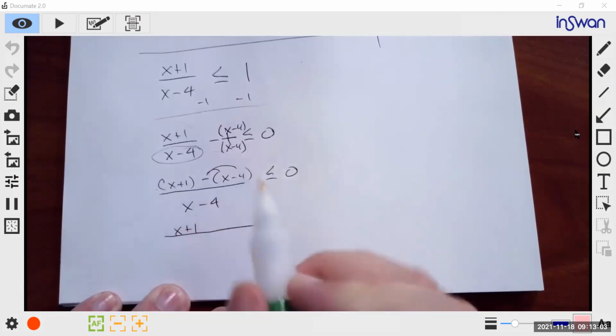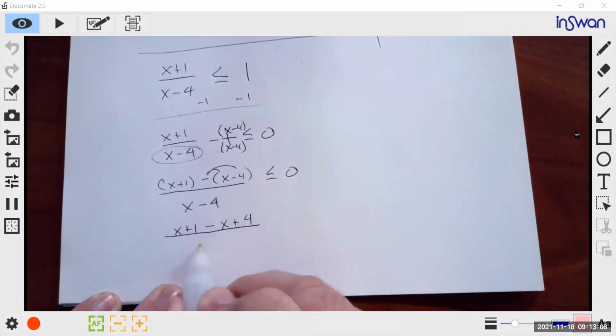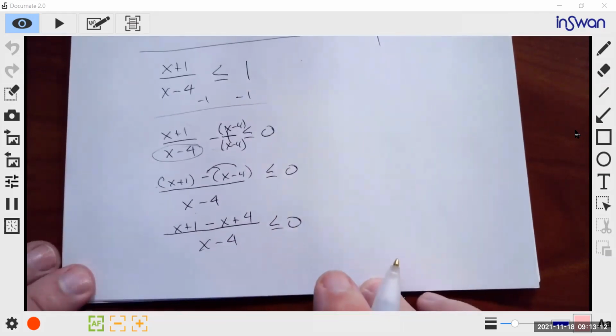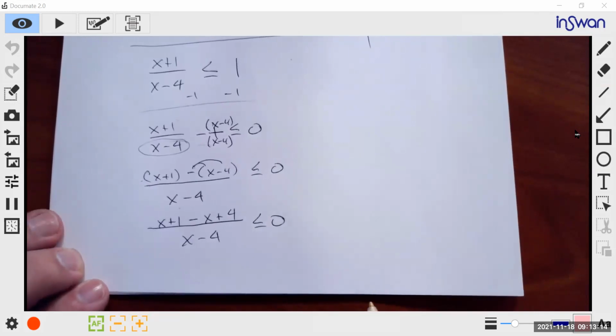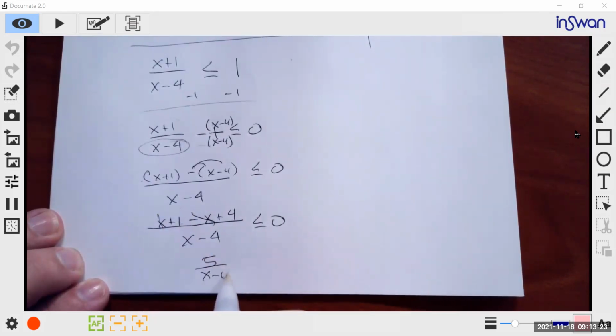This negative goes in both of those, so it changes the signs. And combine terms. X minus x cancel. 1 plus 4 is 5 over x minus 4.